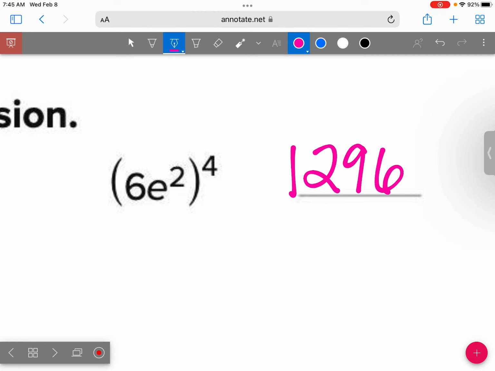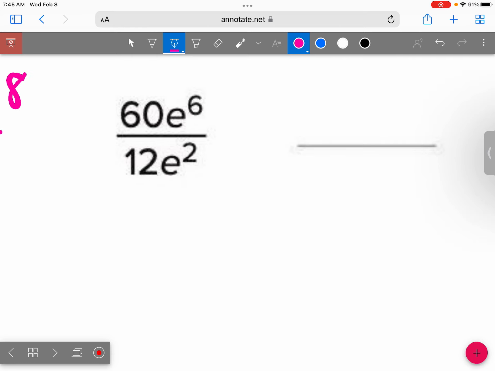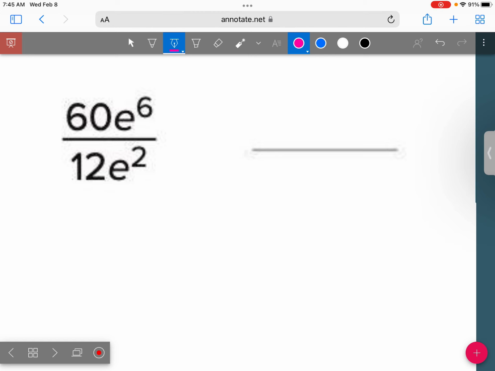Yeah, e to the 8th. All right. And then 6e divided by 12. 5. And then e to the 6th divided by e squared. E to the 4th. Cool? Good?